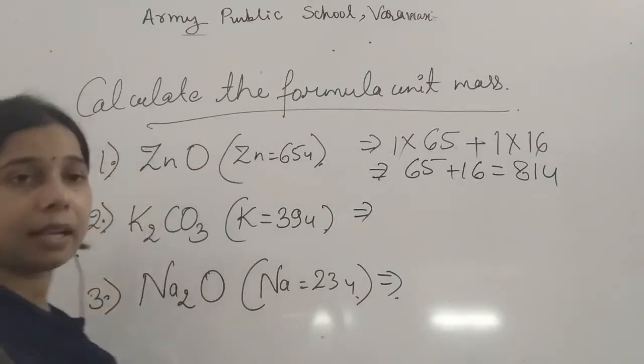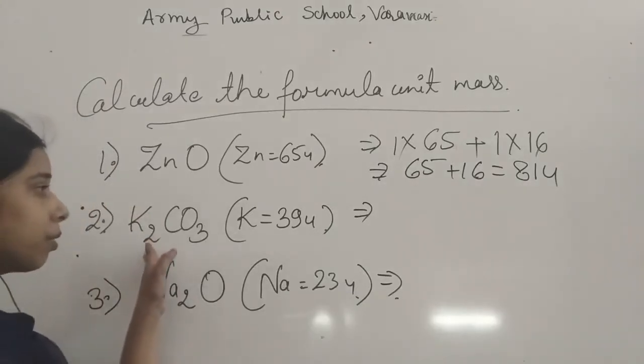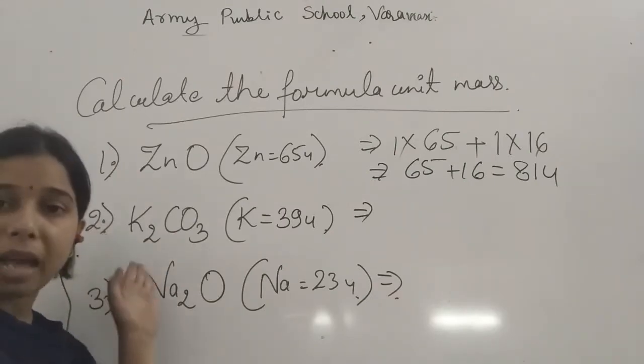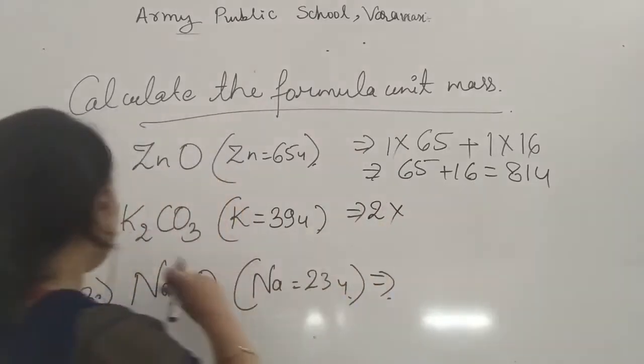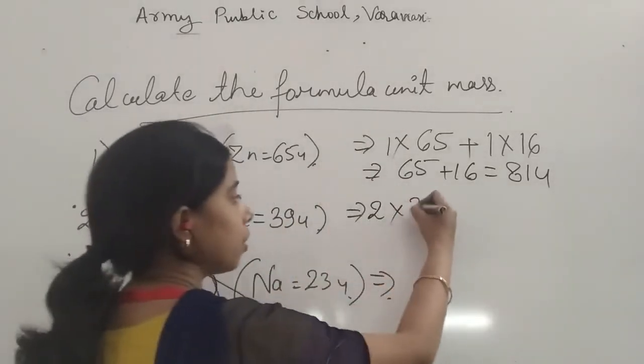You can see that of K2CO3. In K2CO3, the number of atoms of potassium is 2. So we write here 2 into the atomic mass of potassium, that is 39.